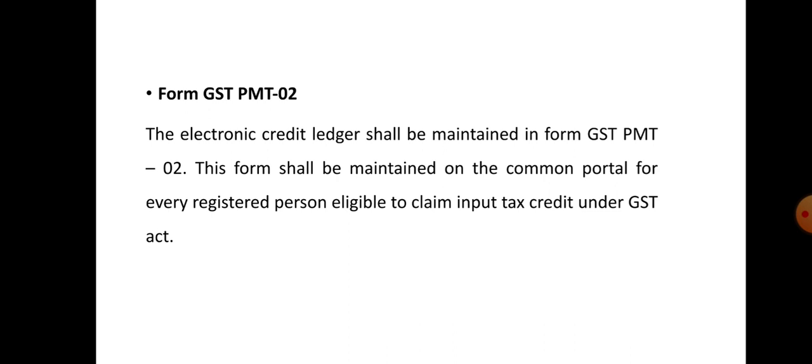And furthermore, the said amount is credited by a proper officer through an order in Form GST PMT-03. And next, entries are not allowed to be made directly in the electronic credit ledger. Under such circumstances, apart from the rules mentioned above, in case there are any discrepancies in the electronic credit ledger, the registered person communicates to the concerned officer.